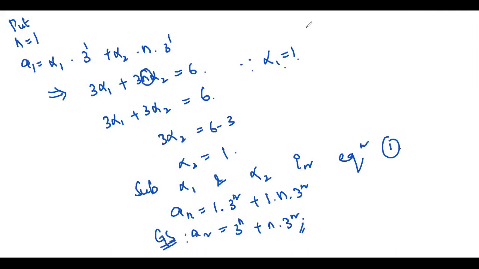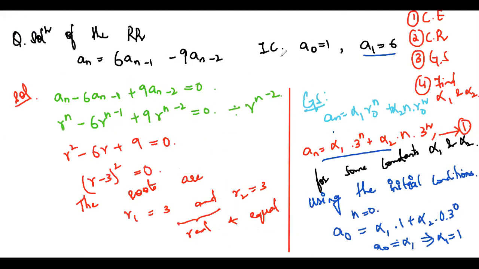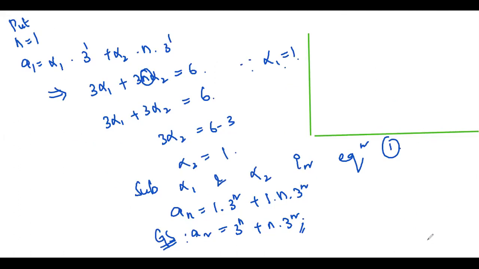But what I want to do is I just want to verify whether we have got the correct general solution or not. So for that, I'll just verify it over here. Let's check our initial conditions and also the next term by using this formula and our general solution. So A0 is 1, A1 is 6, I believe.